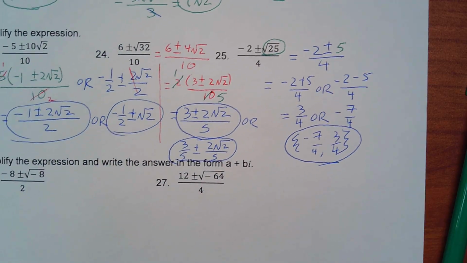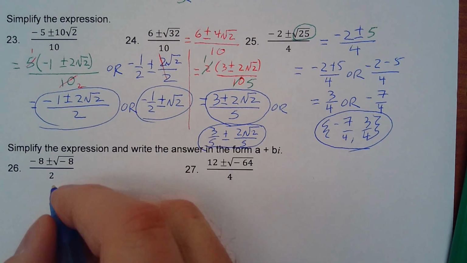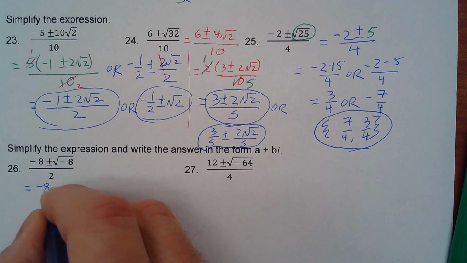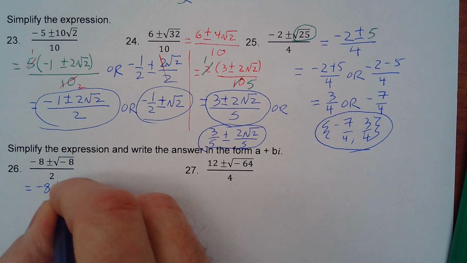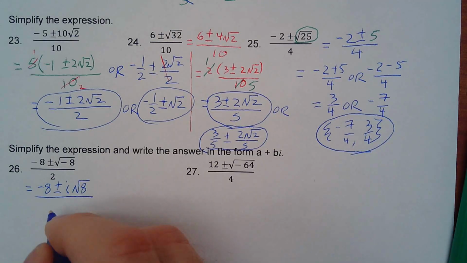All right, so now let's bring in the imaginary numbers. So first thing I want to do here, since I've got a negative underneath the square root, I want to rewrite that in terms of i. So that square root of negative 8 becomes i square root of 8.